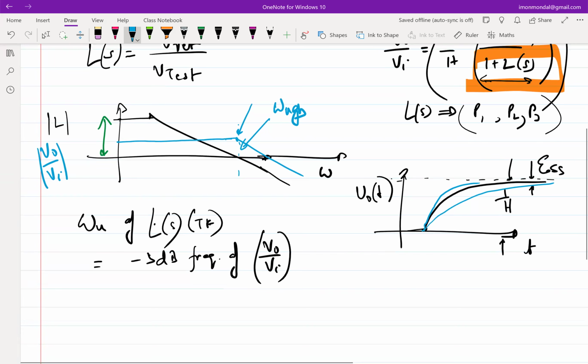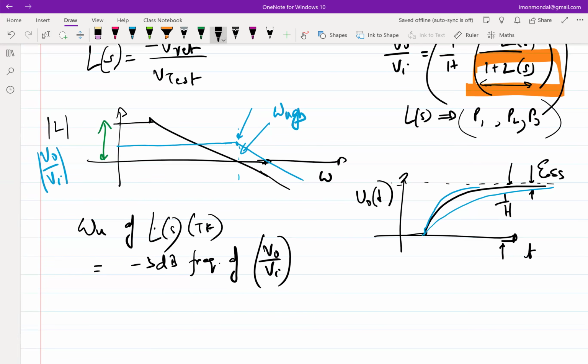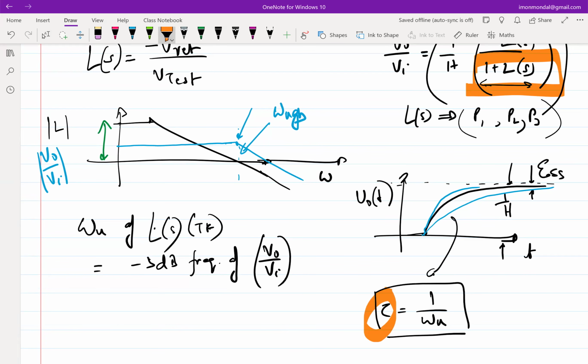So essentially, the time constant of the closed loop system, this tau, is 1 over omega U. Again, note that this tau is that of a closed loop system, omega U is that of an open loop system. Okay, so you see, from the thing that is easy to evaluate, which is the open loop transfer function, we can extract information on how the closed loop time domain behavior will be by simply looking at certain parameters. That is why the loop gain is extremely important.